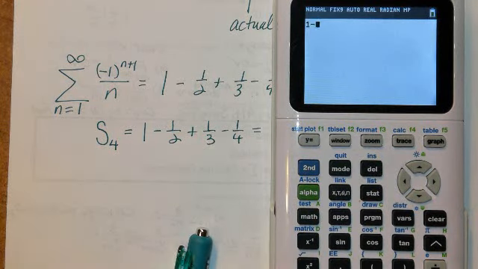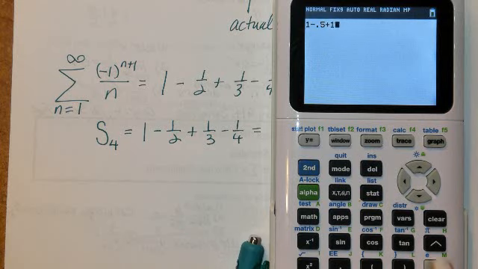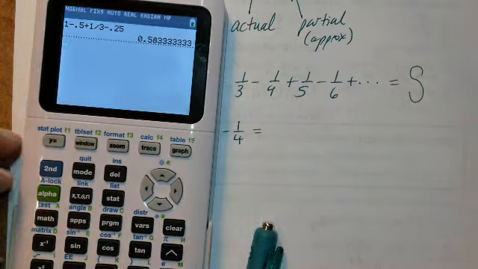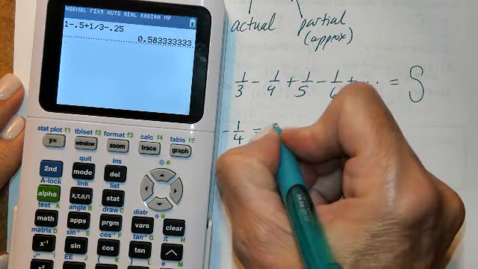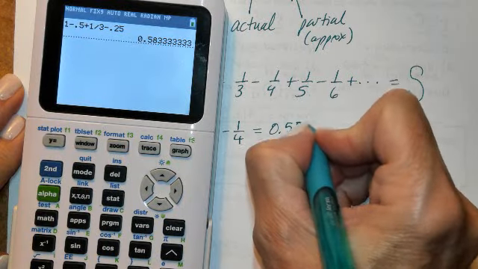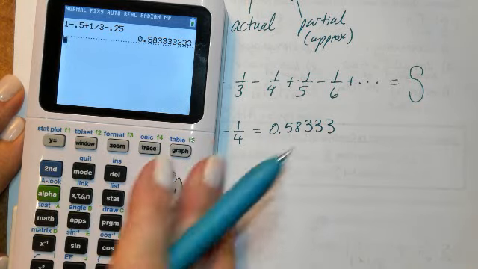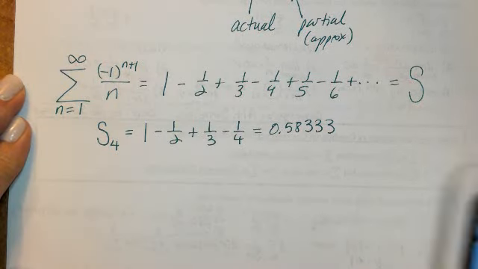So 1 minus 1/2 plus 1/3 minus 1/4, and there is my approximation. I'm going to give you the approximation to 5 decimal places. But it's clear that that's a repeating decimal in this case.